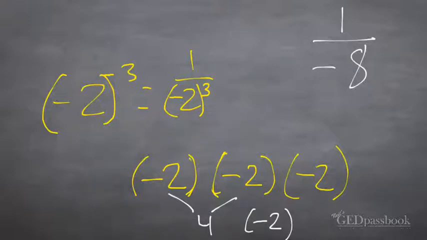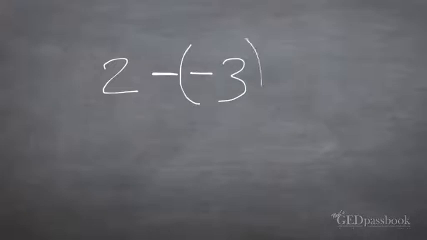But parentheses are also used as a label. It's mostly used to identify a negative also. So if you have 2 minus a negative 3, that looks too weird, so they're pretty much saying, I'm a negative inside here.